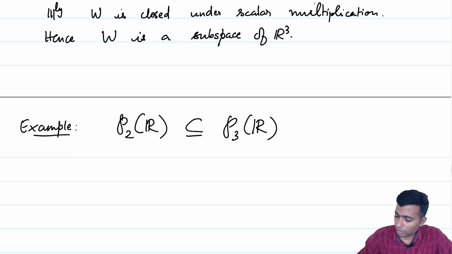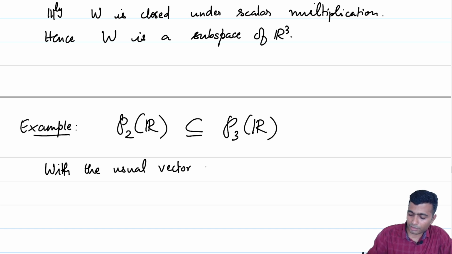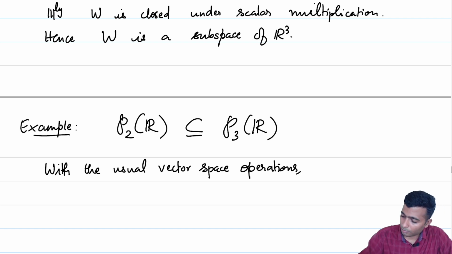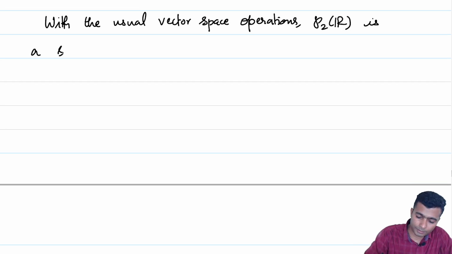And therefore, I will allow you to check that with the usual vector space operations, P2 of R is a subspace of P3 of R.